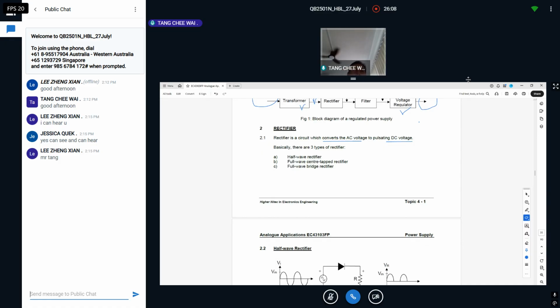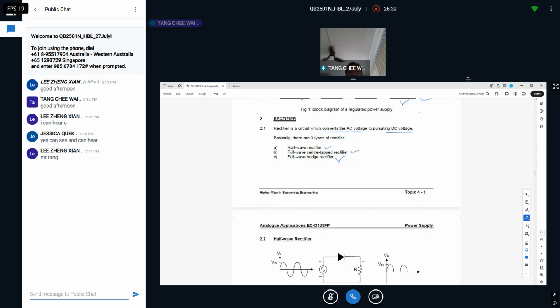Then of course we move on to introduce three types of rectifier: the half wave, the full wave center tap, and the full wave bridge rectifier. Don't worry, further down we will look at the circuits and see how they work. For now, take note of these three: half wave, full wave center tap, and full wave bridge rectifier.